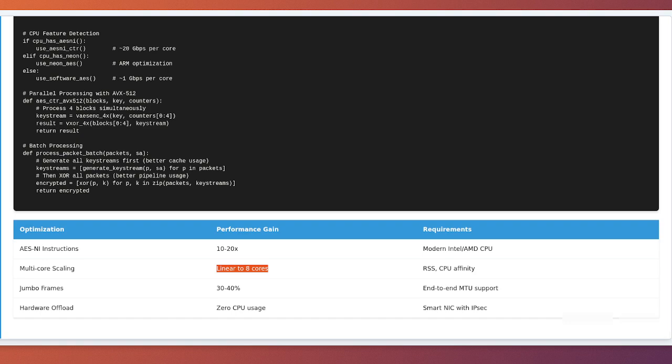Intel's AVX512 instructions, for example, can process 4 AES blocks simultaneously per instruction, quadrupling throughput compared to serial processing. This parallelism extends to multi-core systems, where different CPU cores can handle different packets or even different parts of the same large packet.